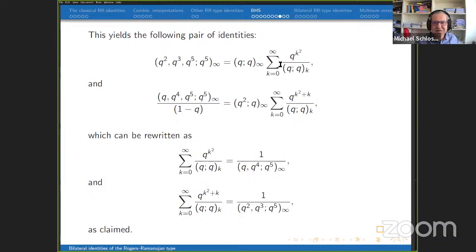There's some cancellation of factors. If you extend QQ sub infinity to Q with base Q to the 5, you can have all the residue classes, and you cancel those which should be here and then you are left with the others. That's essentially how this is obtained.